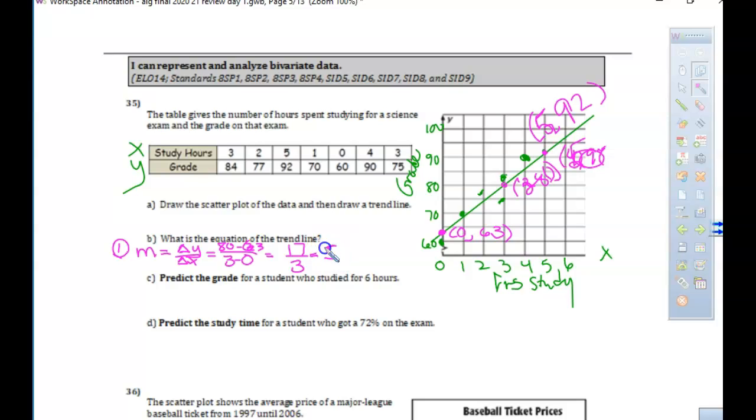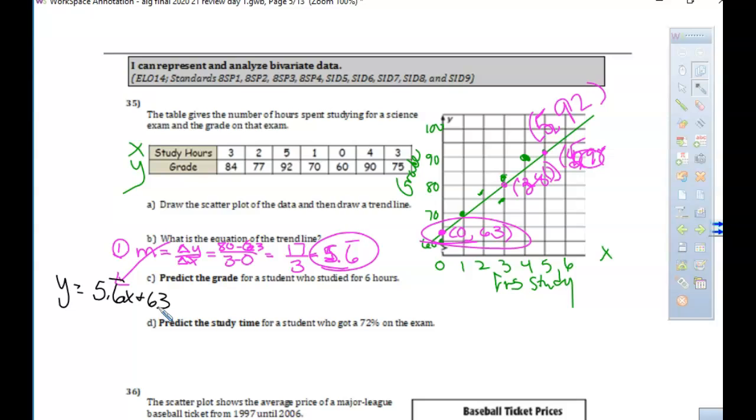You guys have your calculator if someone wants to divide that and give me the exact? 5.6, okay, 5.6 repeating, okay? So, I know this is my slope and I know this is my y-intercept. I'm going to use that for my equation, right? My equation is going to be y equals 5.6 repeating x plus 63.